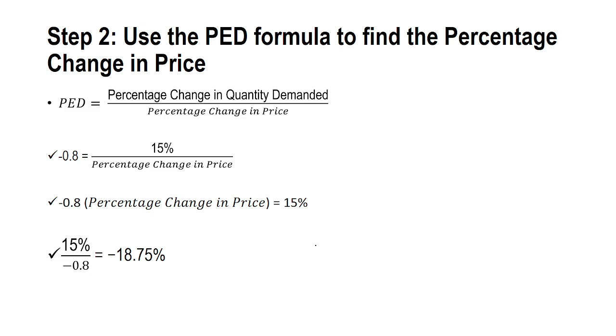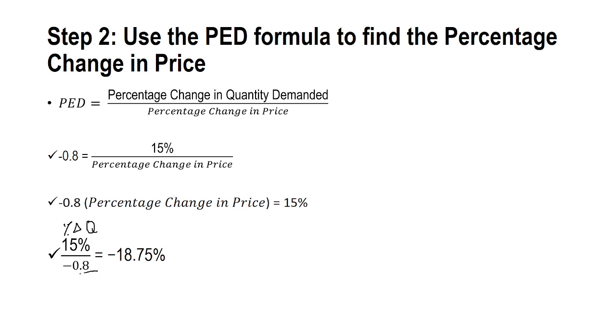So to find the percentage change in price, we need to divide 15%, the percentage change in quantity demanded, by the price elasticity of demand.